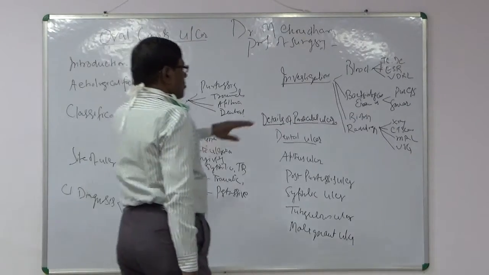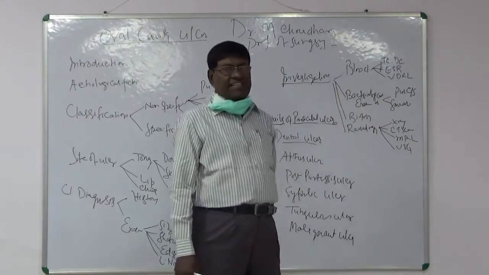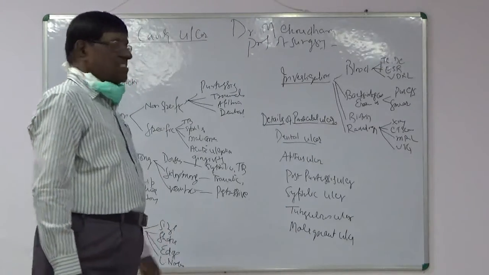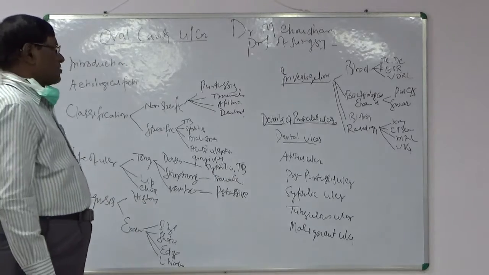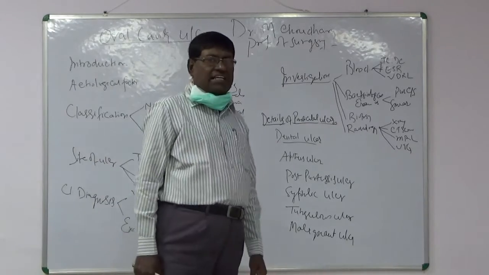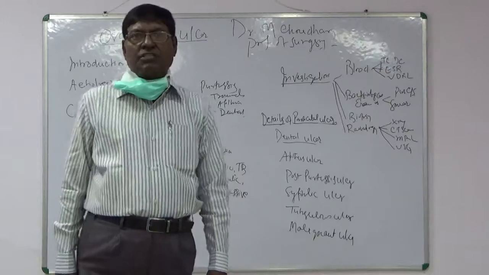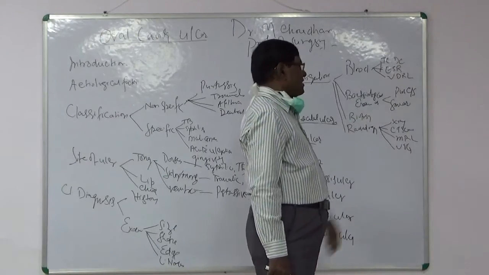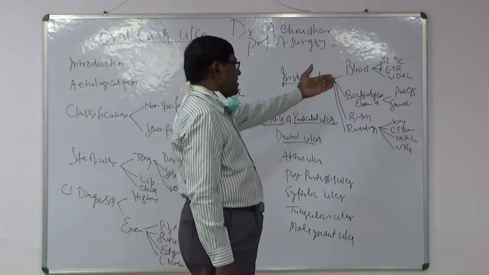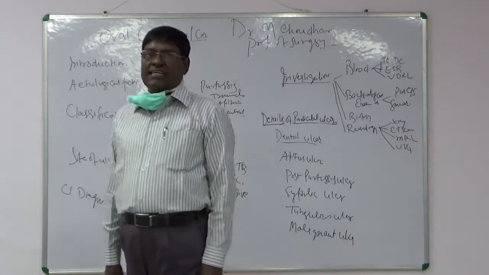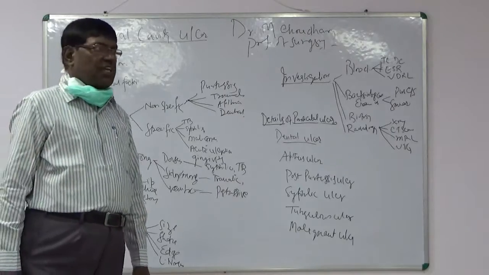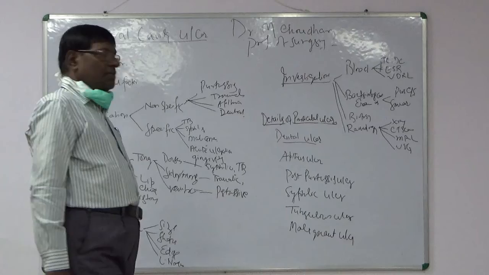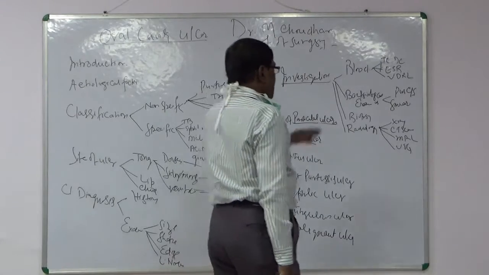First you examine the blood of the patient, you do the TC and DC, the differential counting of the blood cells, that leads to lymphocytosis in case of the tuberculous ulcer, but an acute ulcer or bacterial ulcer causes polymorph leukocytosis, polymorphs great in number, and ESR is raised in case of the tuberculous ulcer, and VDRL is positive in the serum in case of the venereal ulcer or syphilitic ulcers, and in case of other venereal diseases.